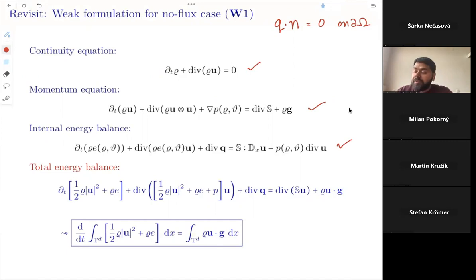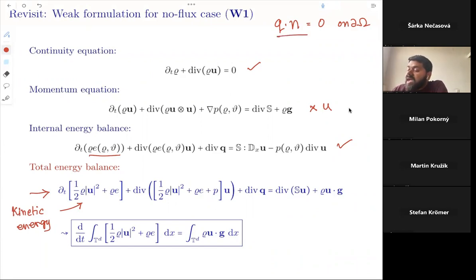Now what we do, we multiply the momentum equation, and after some manipulation, we end up with this equation, which is referred to as the total energy balance. This is the internal energy, and this quantity is the kinetic energy. The kinetic energy balance is given by this set of equations.